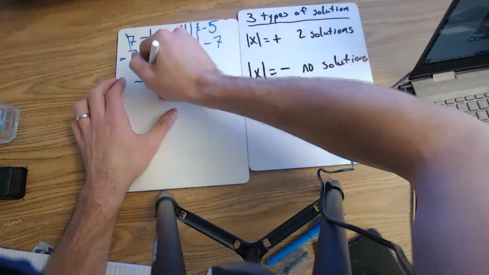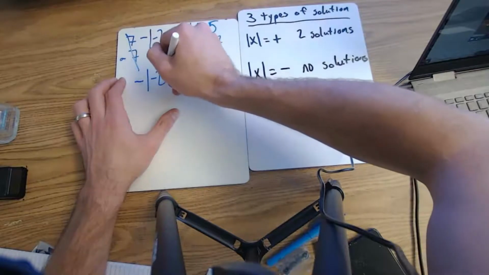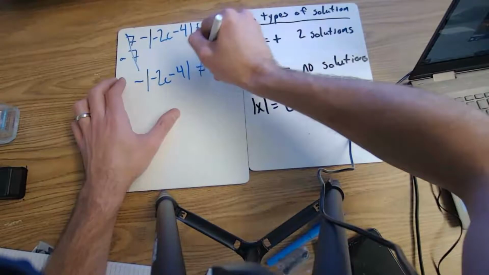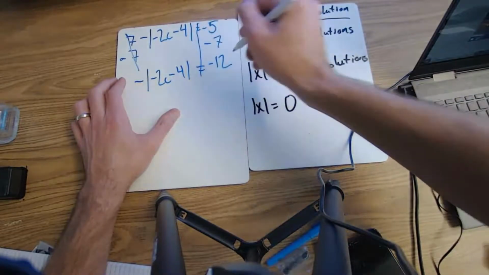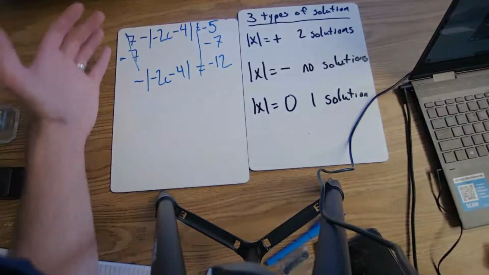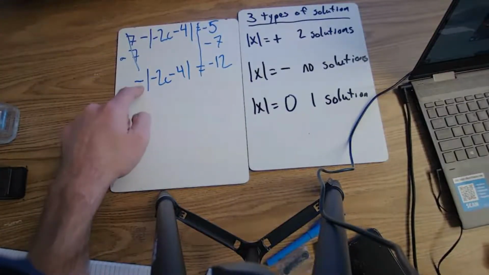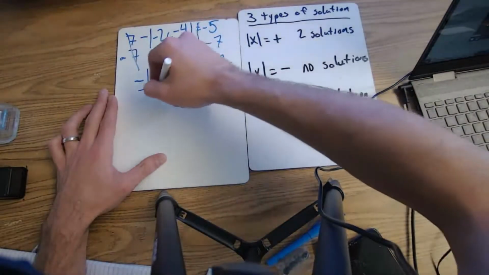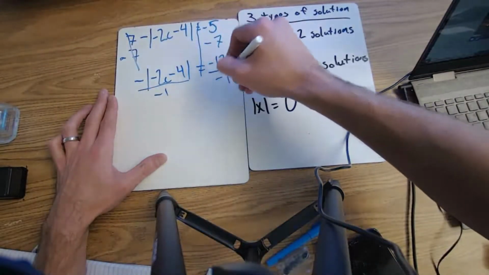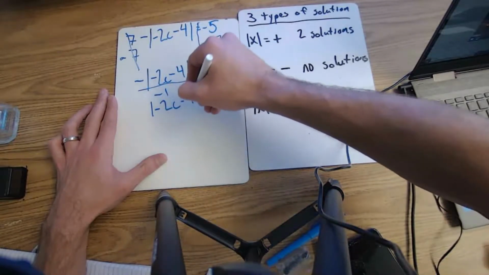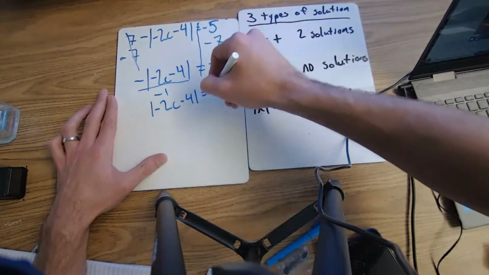So I end up with negative absolute value of negative 2c minus 4 equals negative 12. Okay, so I subtracted 7 from both sides. Now I'm going to divide by that negative 1 like I did in the previous problem. So I get the absolute value of negative 2c minus 4 equals a positive 12.